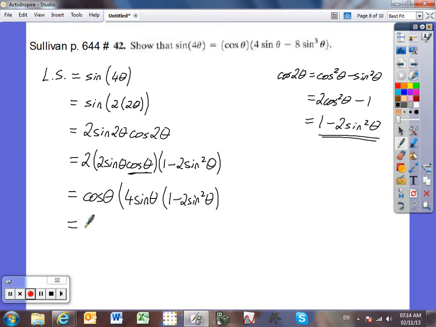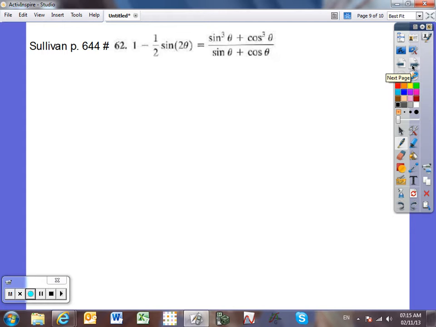And that gives me cosine of theta, and the 4 sine theta times 1, and the 4 sine theta times negative 2 sine squared gives me my required 8 sine cubed theta term. And there's my right-hand side, thus the identity is proved, or QED, if you want to be a little bit snobby or sophisticated.